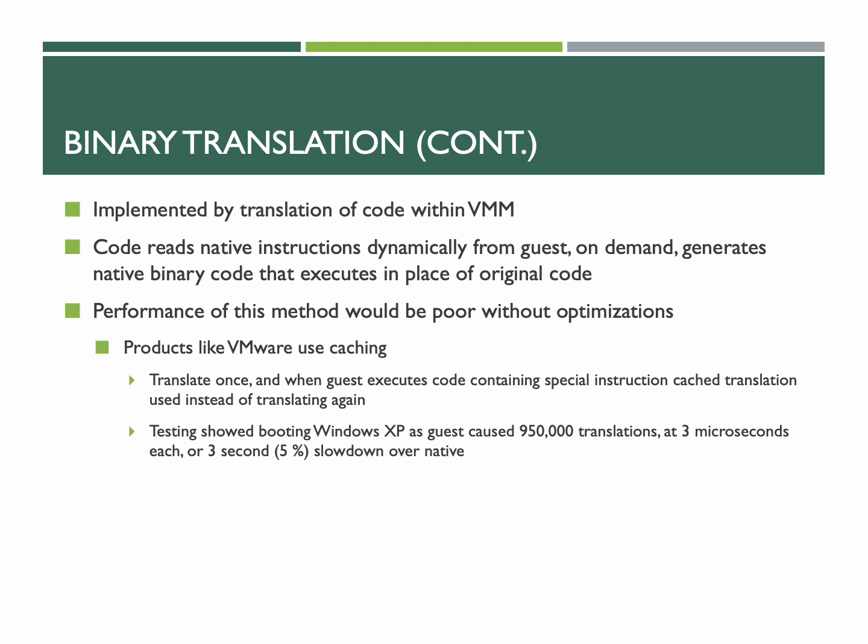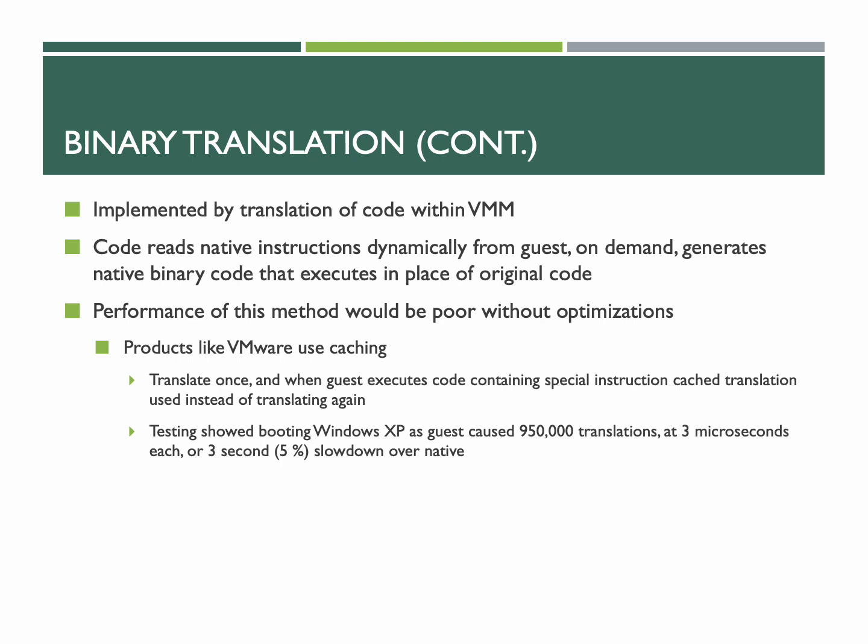Products like VMware employ sophisticated code caching mechanisms to enhance the efficiency of binary translation. Once a special instruction is translated, it is stored in a cache. So when the same instruction sequence needs to be executed again, the VMM can directly retrieve the translated code from the cache instead of translating it again.